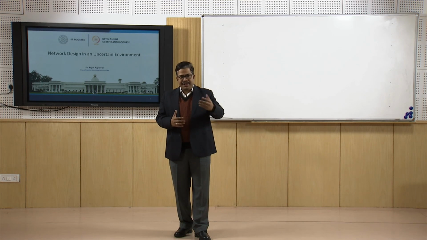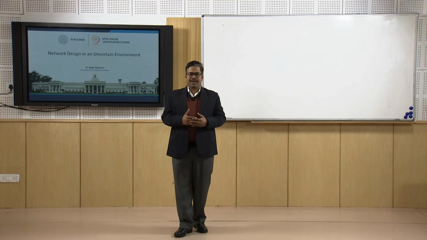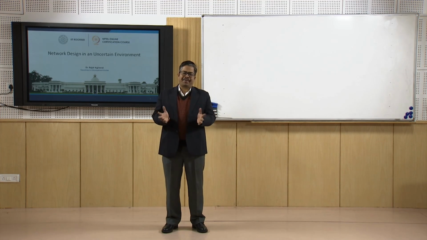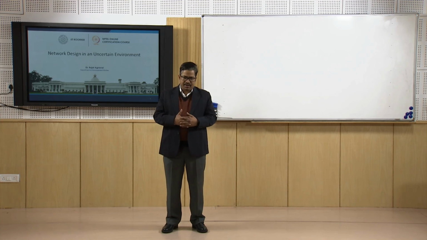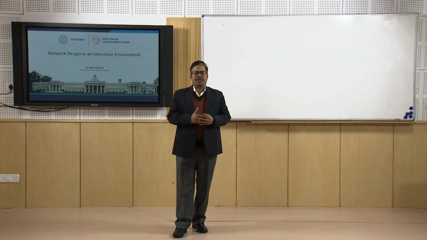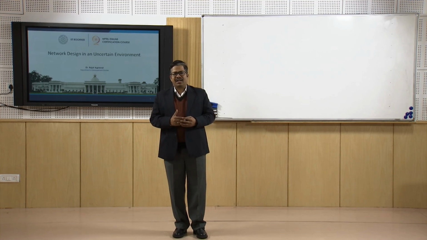And we discussed different types of uncertainties which may come because of demand, because of price, because of fluctuations in the exchange rate, and because of business models also. We also discussed that flexibility can be one answer for handling these types of uncertainties.